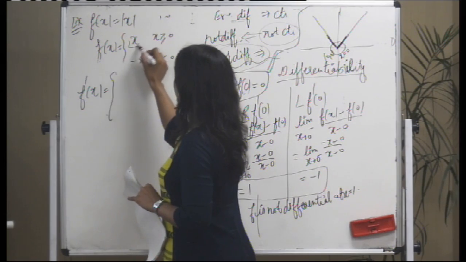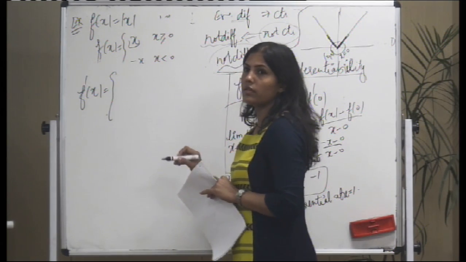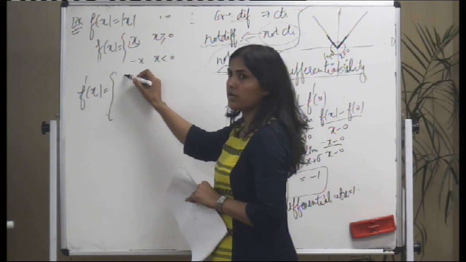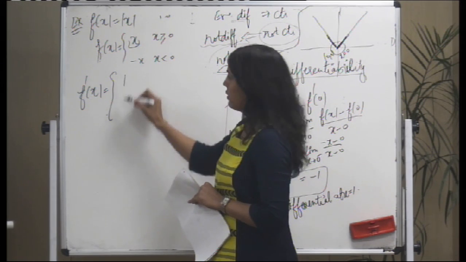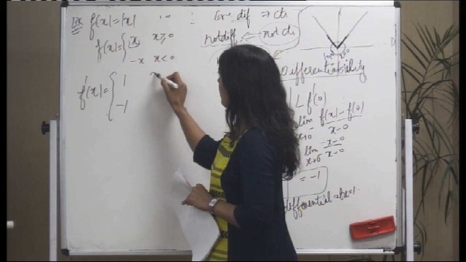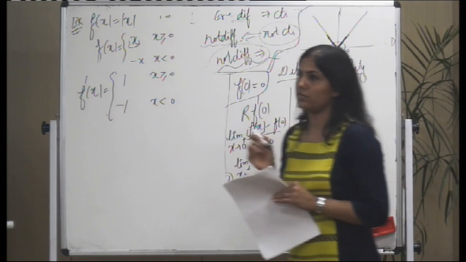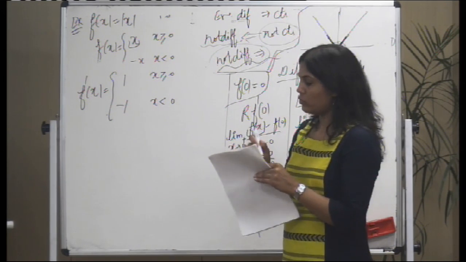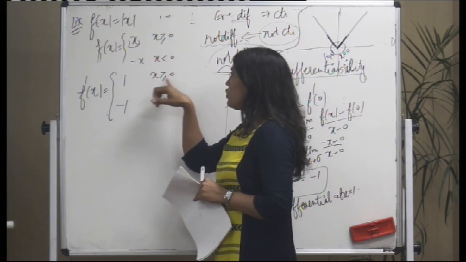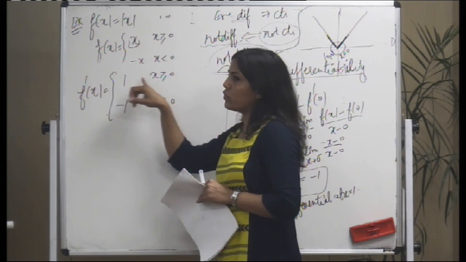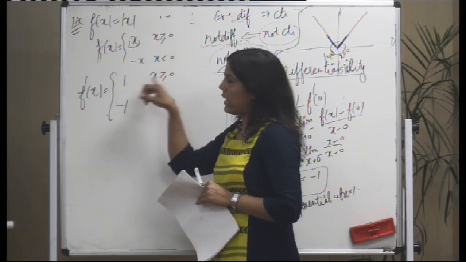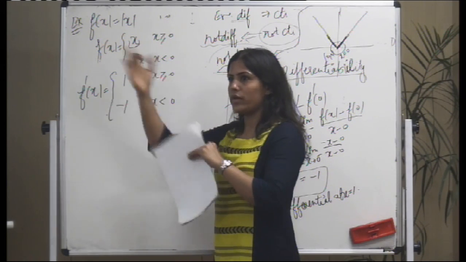You know x derivative is 1. Minus x derivative is minus 1. Now you can see easily, this is what I did by definition. This is the direct one. So it means for all those points greater than or equal to 0, the derivative will be 1. At 0 only is the problem, otherwise it is differentiable.